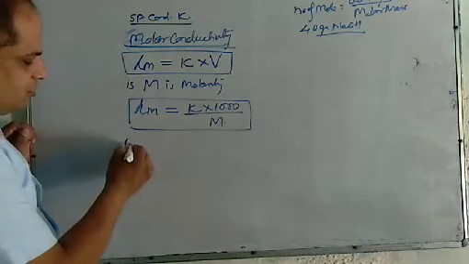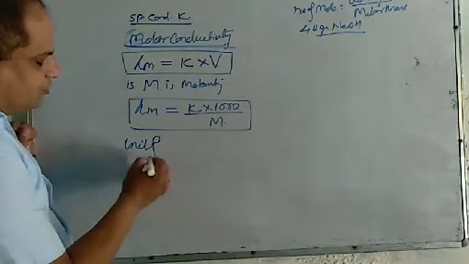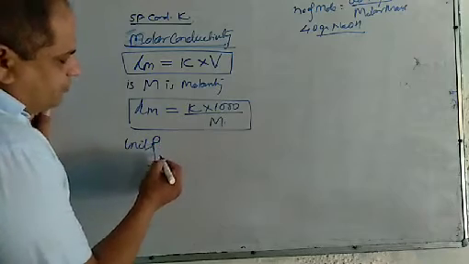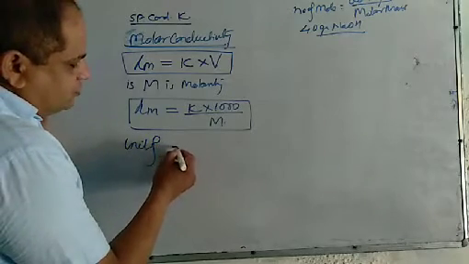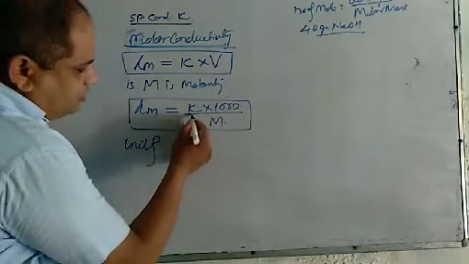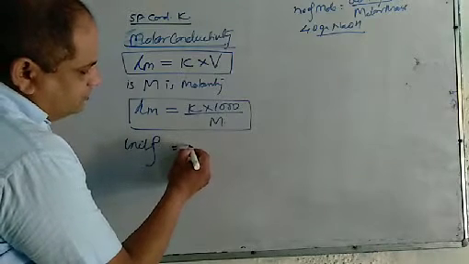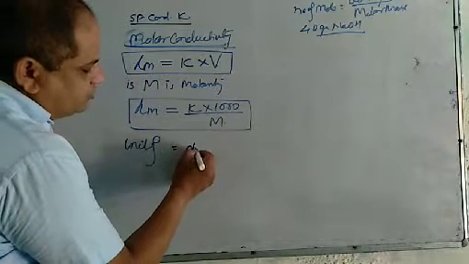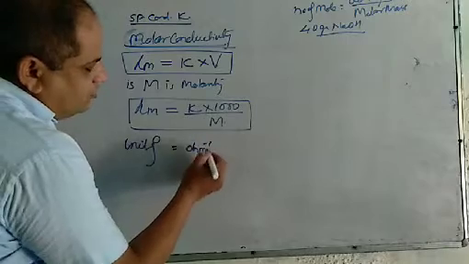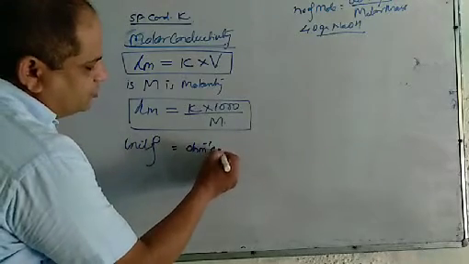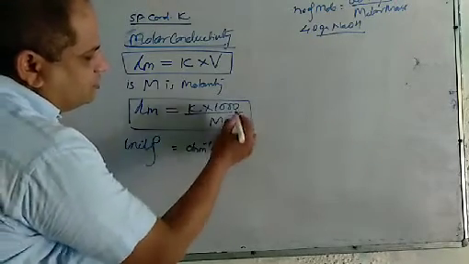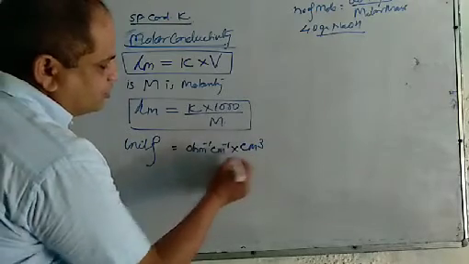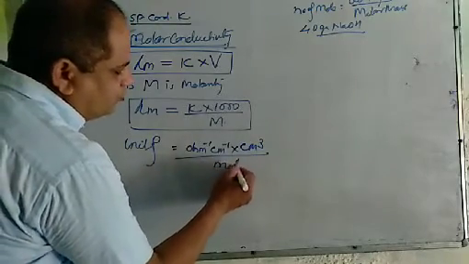To find the unit of lambda m or molar conductivity, here you will write the unit of kappa, that is ohm inverse, centimeter inverse. This is volume, means centimeter cube, here mole.